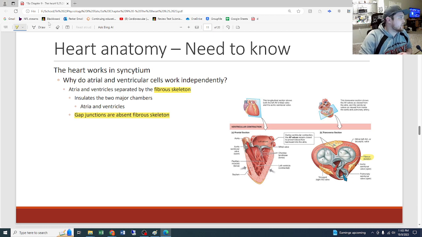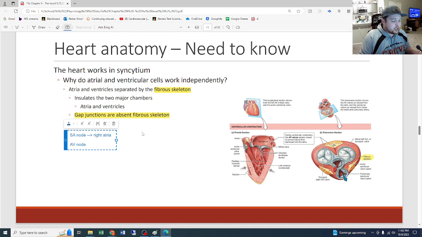We do have this thing that connects them called the AV node, which when we get into more of the electrical signaling, we'll talk about. That's how we start in the SA node, located where again? The right atria.